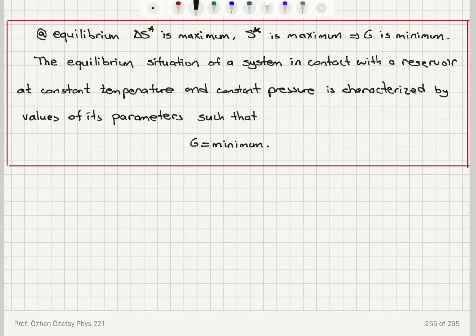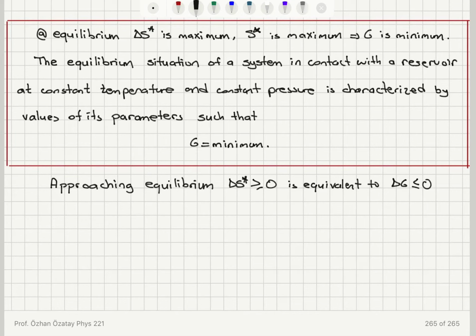So if we are approaching equilibrium, if we start from not the most probable value of y, then in approaching equilibrium we're going to have the change in the entropy of the total isolated system, delta S star, greater or equal to 0. This statement is equivalent to saying the change in the Gibbs free energy of system A is less or equal to 0.